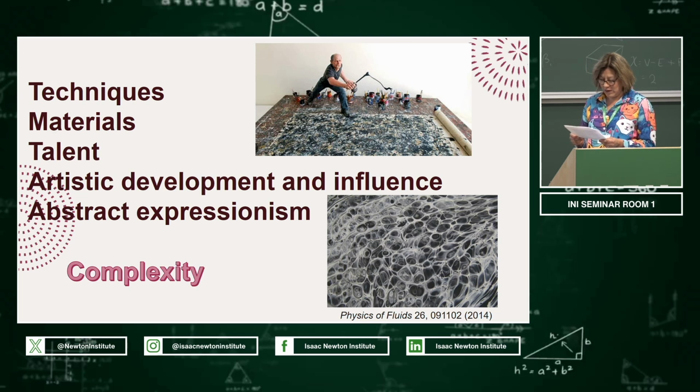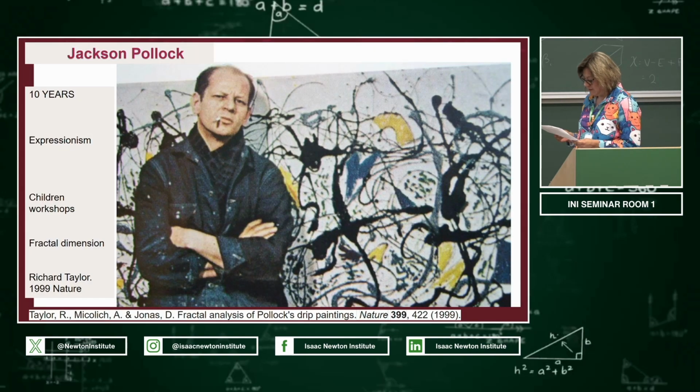And I believe that one of the most well-known impacts was the work of Richard Taylor, when he published the first study on the subject in Nature. Professor Taylor truly had an outstanding impact in inviting us to study art from a mathematical point of view.